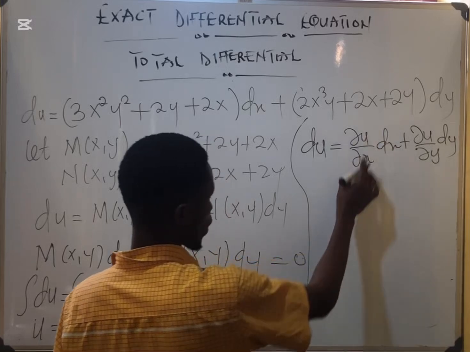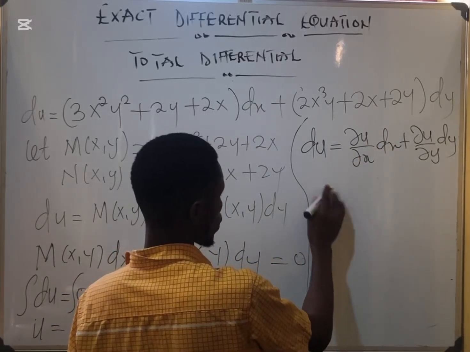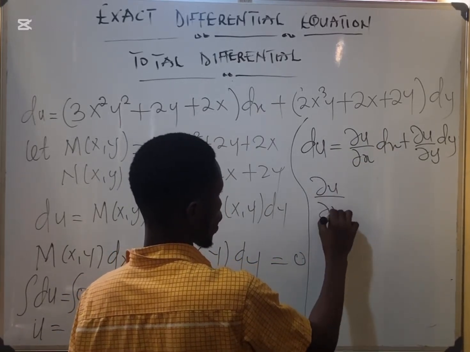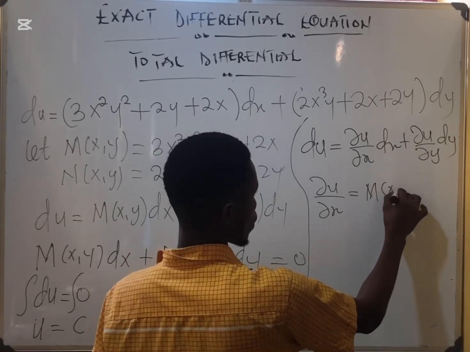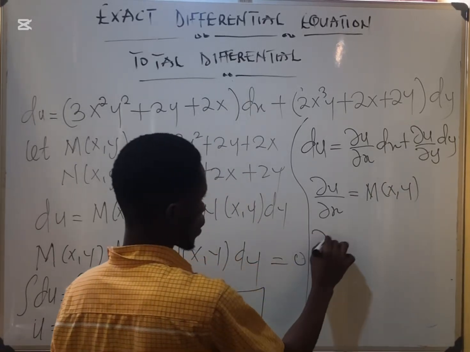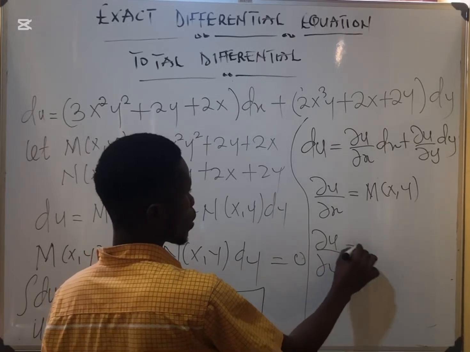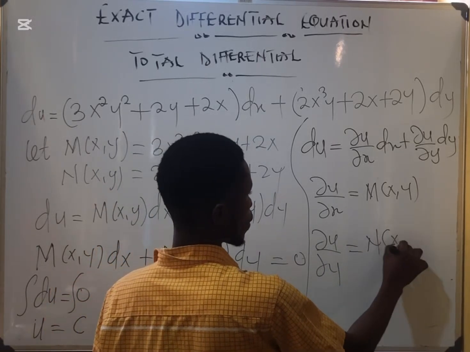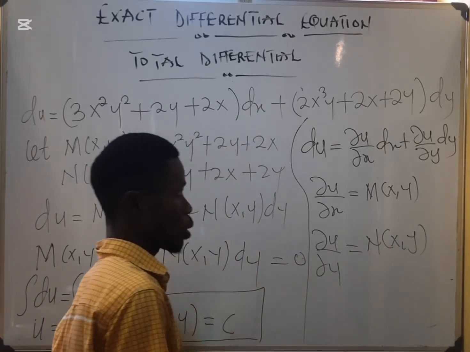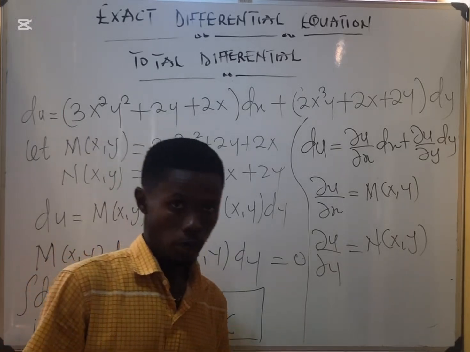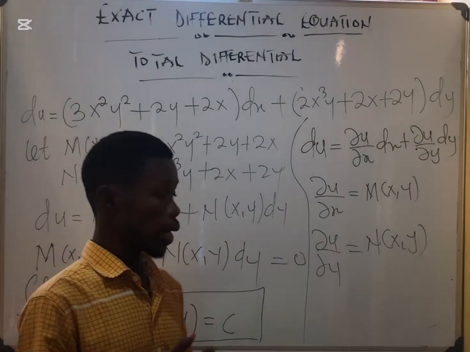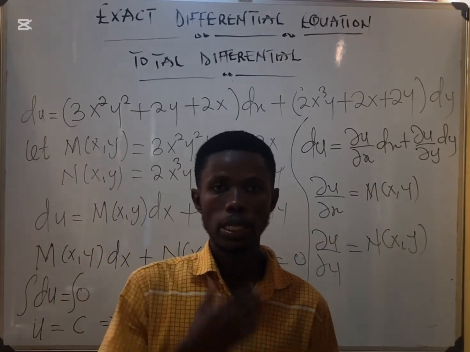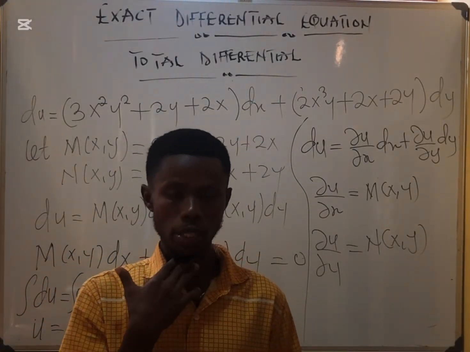So the delta u delta x was replaced by m of x, y, then delta u delta y was also replaced by n of x, y. So take note, all these things you will start using when you get to the solution of exact differential equations.